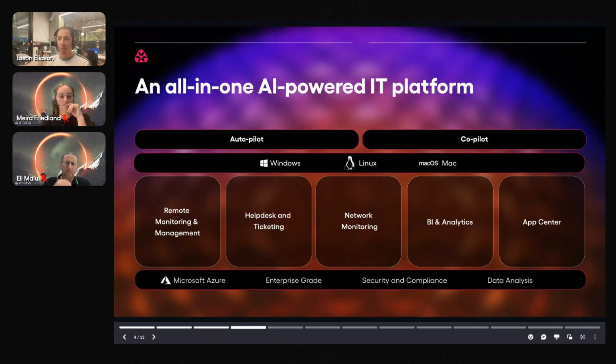And adding AI on top of this is pretty much the cherry on the top. If you can see on the left-hand side, we have the RMM, the remote monitoring, help desk, network monitoring, BI analytics, and app center, bringing everything together. In terms of the AI, we're using the AI because we have the information about the device.